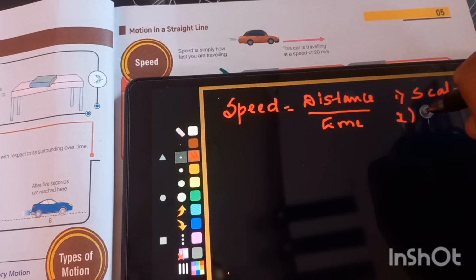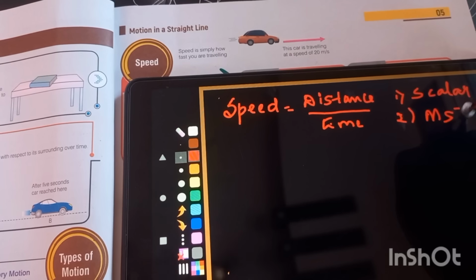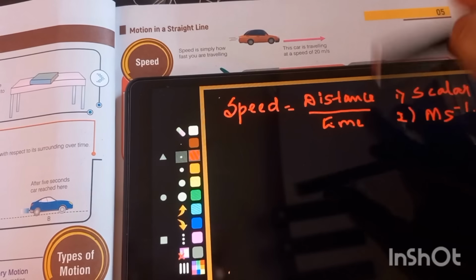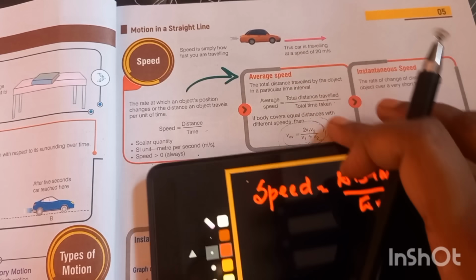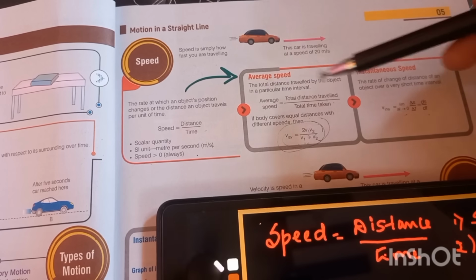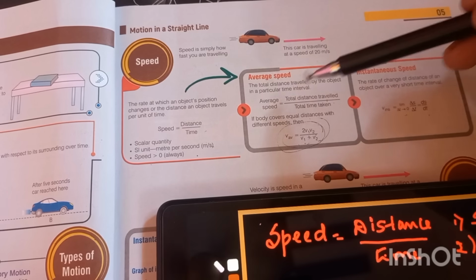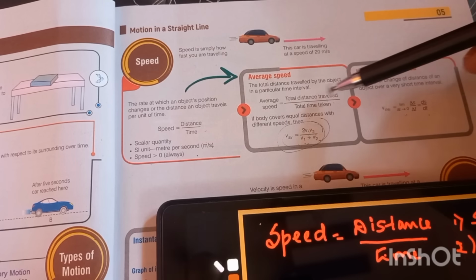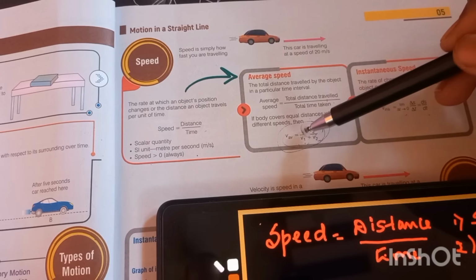Its SI unit is meter per second. Okay, so this is the speed. Average speed is the total distance traveled by the object in a particular time interval. Average speed is total distance traveled by total time taken.